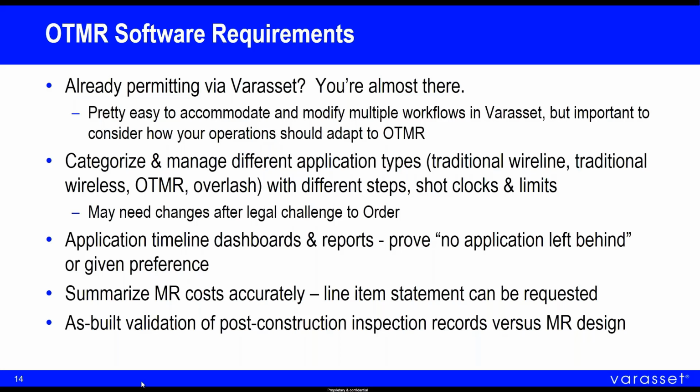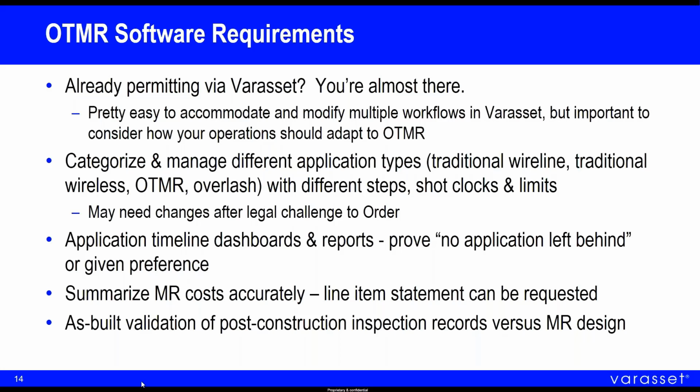Another topic is the ability to summarize make-ready costs accurately. There is a lot of discussion around this, but the attacher has the ability now to request a line item detail statement. So how far those line items go is really up to the pole owner, but it is something that you need to consider. How do you calculate the make-ready costs?